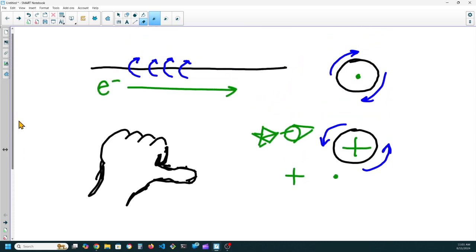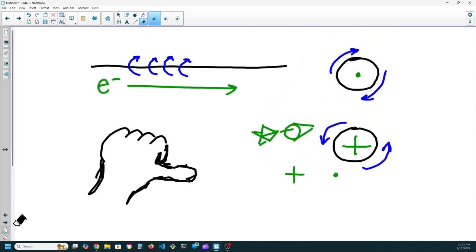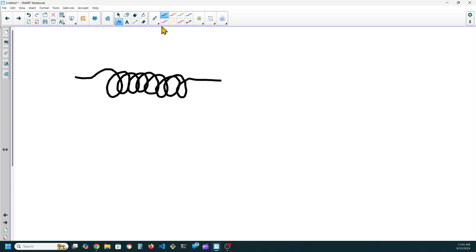So if we then take this wire and form it into a coil, that magnetic field will intensify. It's additive, so that these lines of magnetic flux are going to actually multiply.